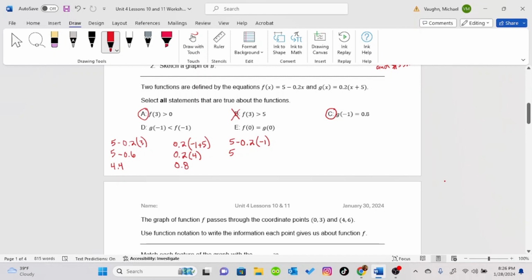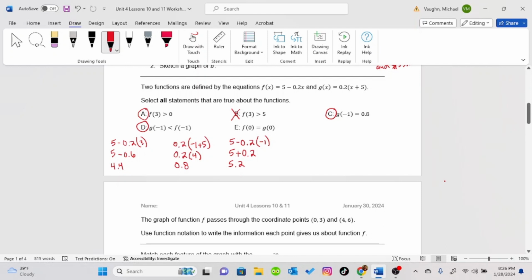Negative 0.2 times negative 1 is positive 0.2. And 5 plus 0.2 is 5.2. Now if we compare, 0.8 is less than 5.2, so D is correct.